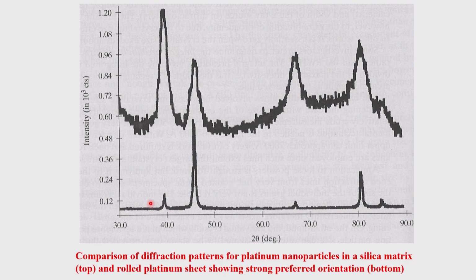So the platinum peaks are still retained, but in a slightly different manner. This intensity is lower, this is higher, whereas this is higher and this is lower, and the ratio is also different. That basically tells you that you have made a kind of composite when you mix the platinum nanoparticles with the silica. You can identify that platinum nanoparticles are there, but may not be in the same form as the platinum sheet, but in an entirely different form.